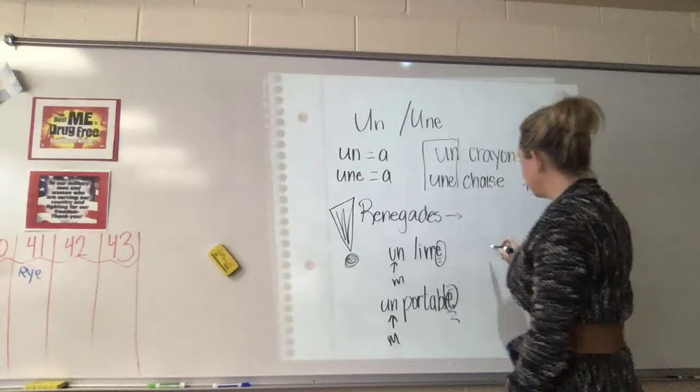Look at the word for necklace, collier, like collar, collier. What is your guess? Right now, what is your guess? Un or une? Does it end in an E, an ION? What's your guess? That's right. Un collier. It's masculin. Oui?